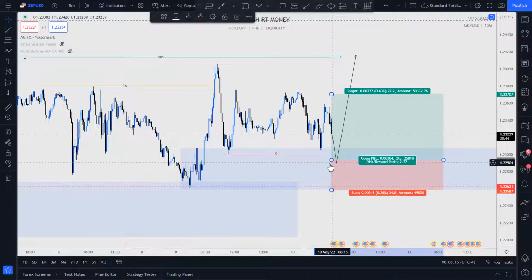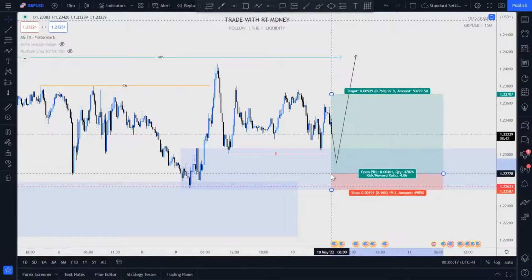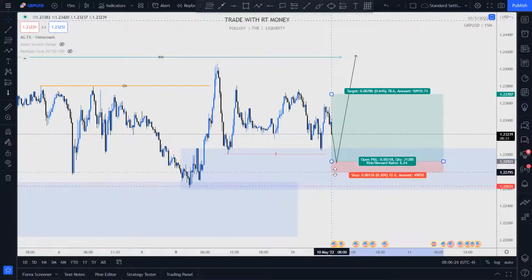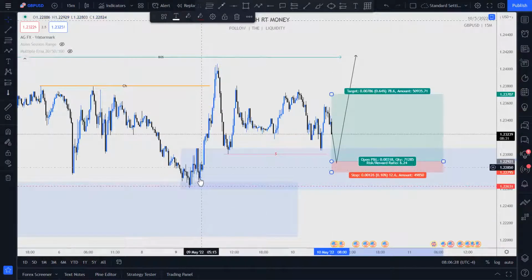I don't know where my entry will be, but I'm not looking at no crazy plus 10 stop loss. No way. Somewhere around here between these two, that's where I'll be looking for an entry, under 10 pips.